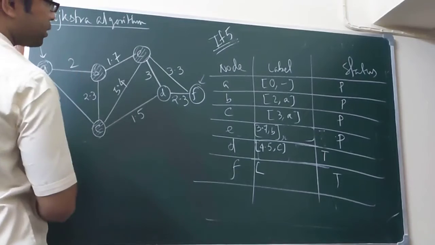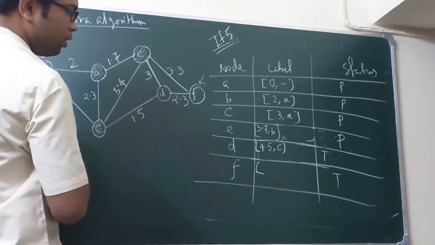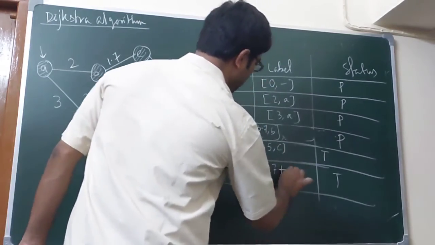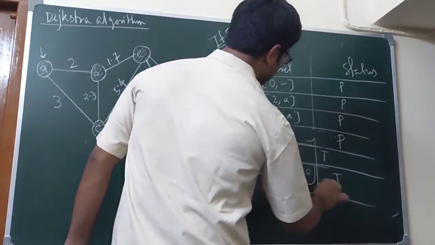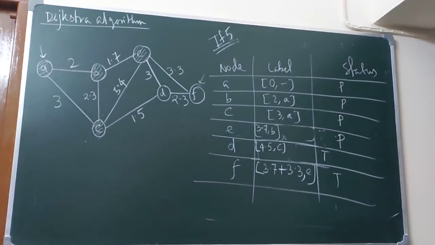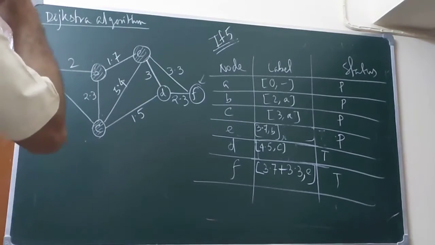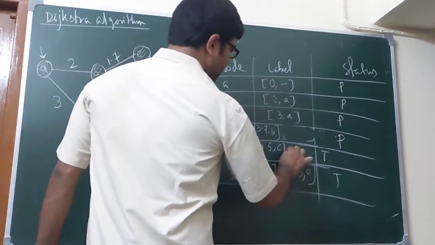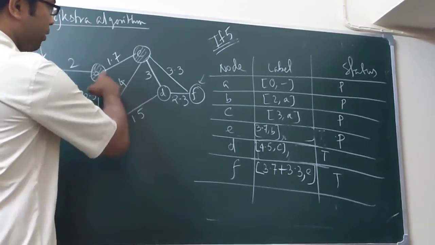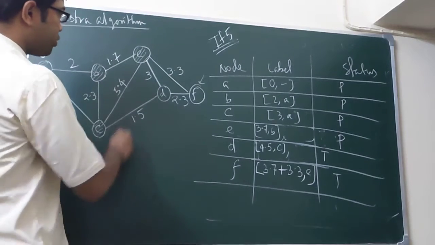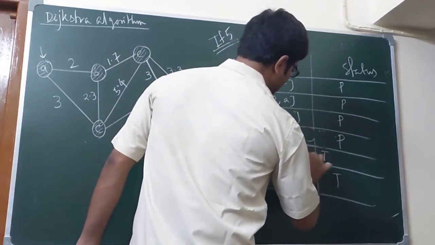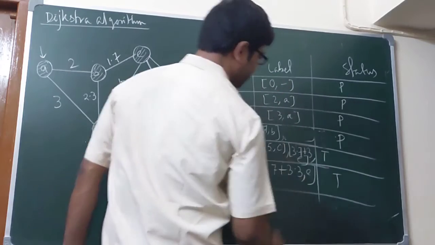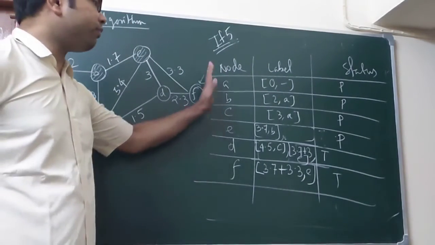It can be accessed via E node, so 3.7 plus 3.3, via E. Similarly, this D node can be accessed via E with the cost 3.7 plus 3, and via E. This is the correct scenario of iteration 5.